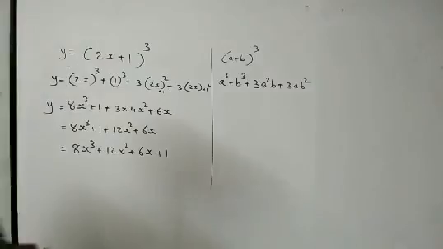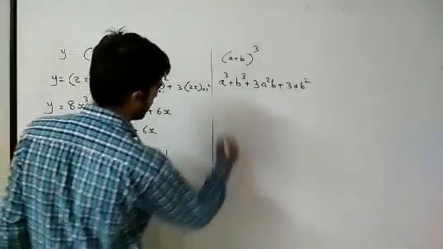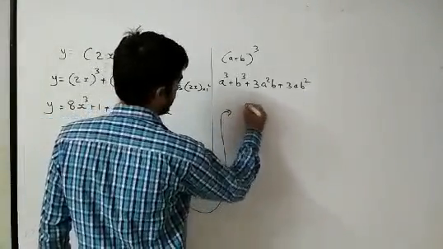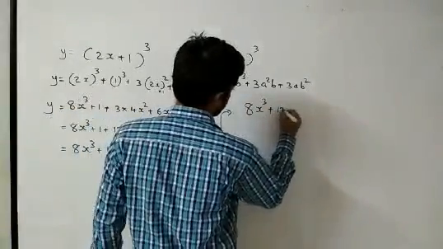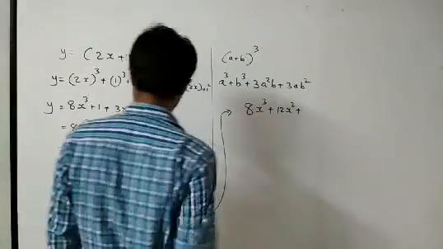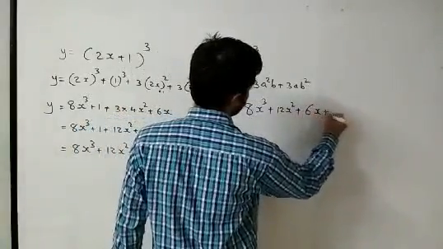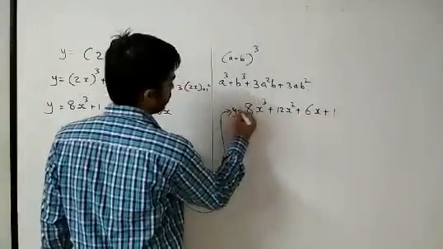So I am writing this function over here: 8x cube plus 12x square plus 6x plus 1. Let it be equal to y.